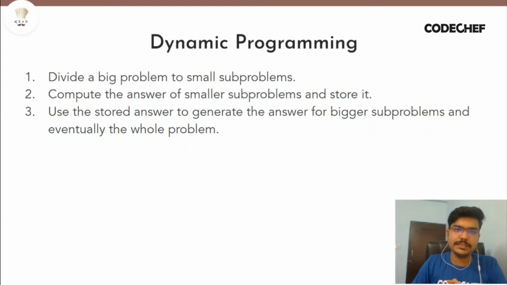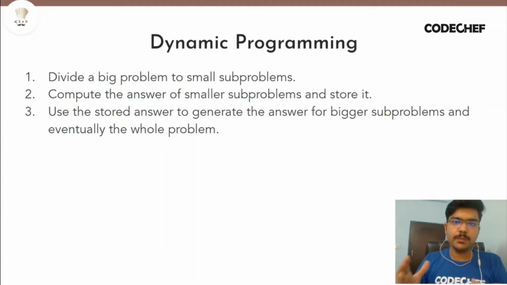So let's first start with dynamic programming. These are the three important points which are the pillars of dynamic programming. The first point is to divide a big problem into smaller subproblems, right? Then in the second step, we compute the answer of all the smaller subproblems and store it somewhere.